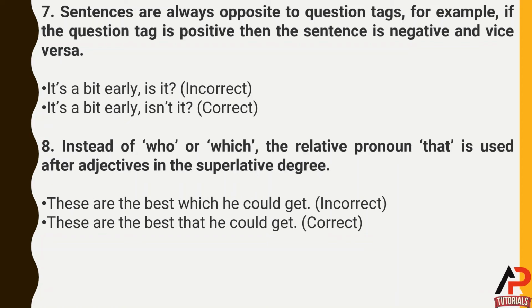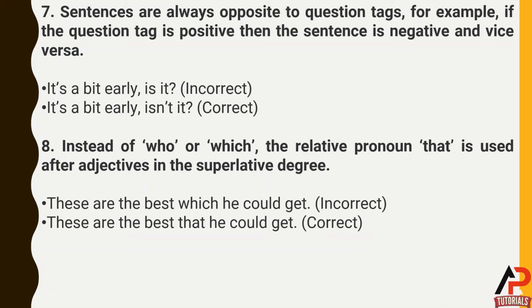The first part of this sentence before the comma is positive, so the next part after the comma should be negative, otherwise it is a wrong answer. So "It's a bit early, isn't it?" is the correct one. You should always look for these small things while solving the questions of spotting the errors.